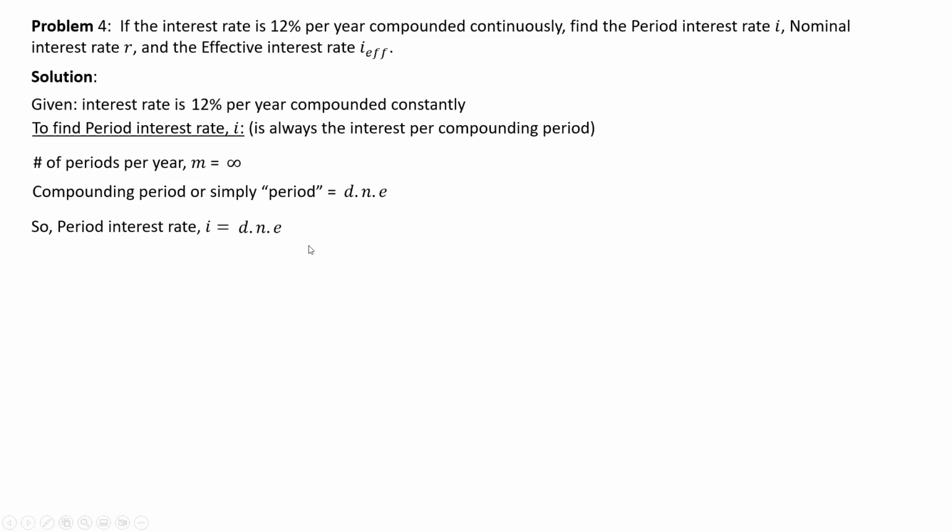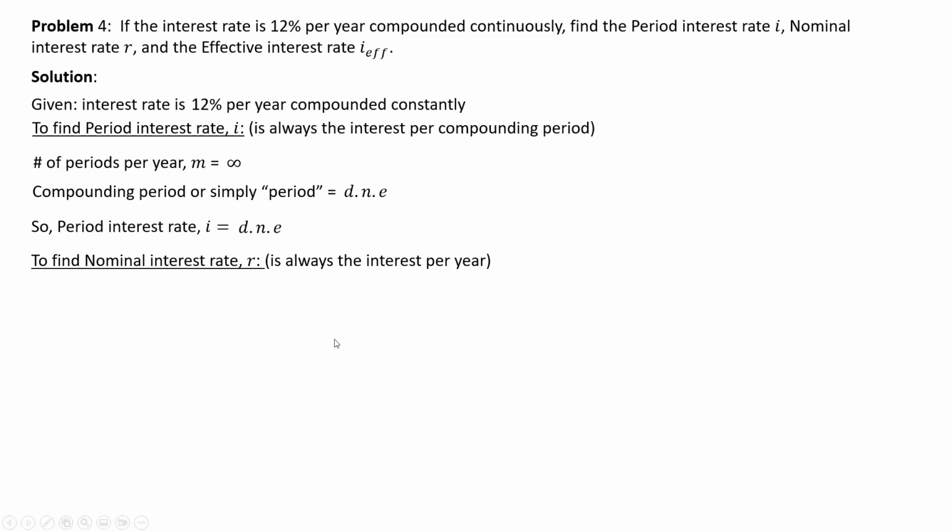Period interest rate also does not exist. So in none of these calculations where things are compounded continuously, you could use this period interest rate I. And that is one of the main reasons why we find the effective interest rate.